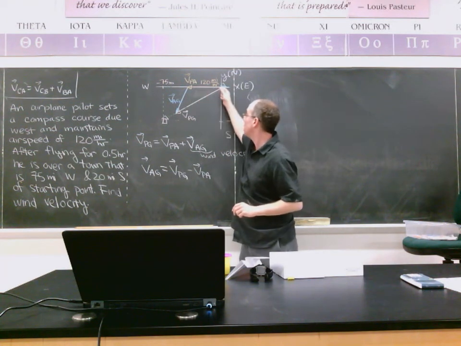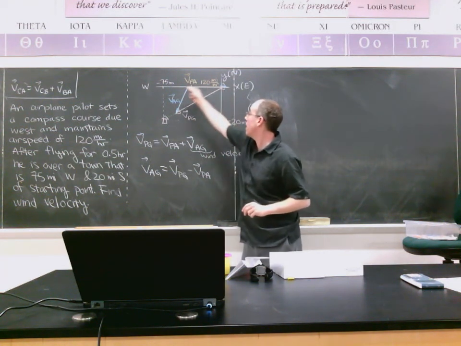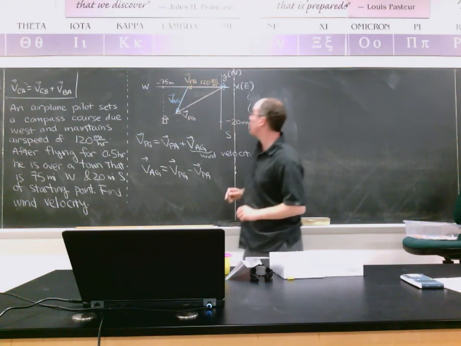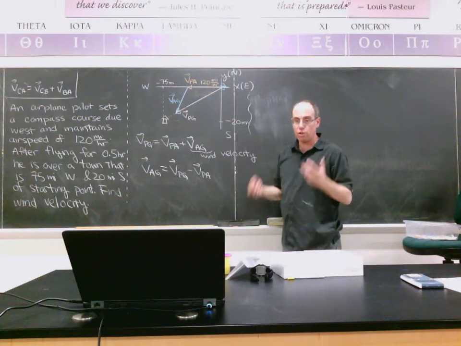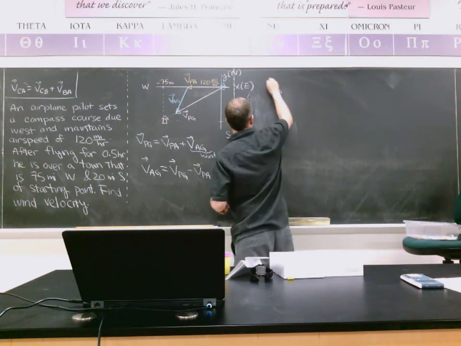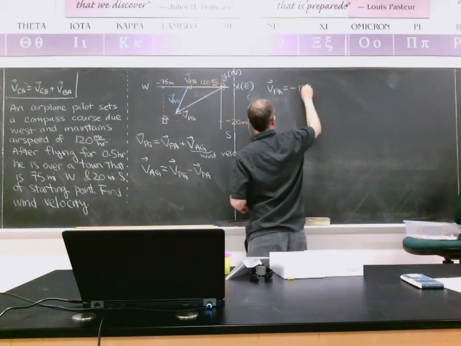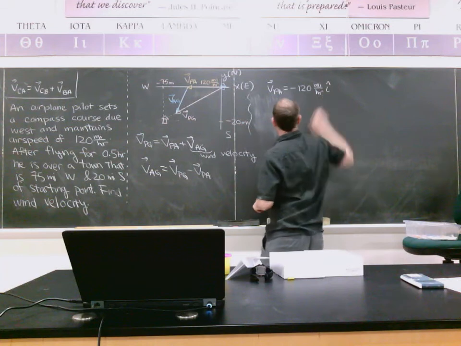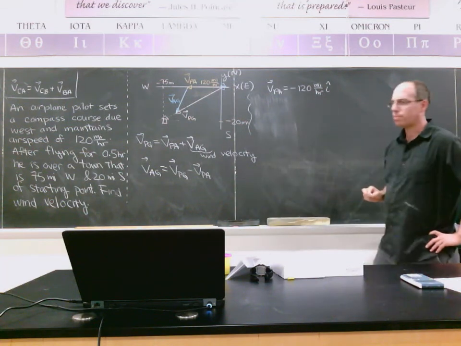So just look at velocity plane with respect to air here. You can see that the x component is minus 120 miles per hour, and there's no y component. So we have velocity plane with respect to air equals minus 120 miles per hour i hat.